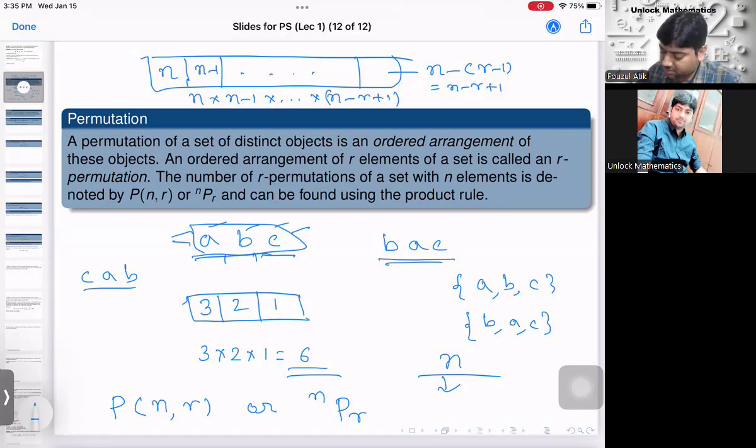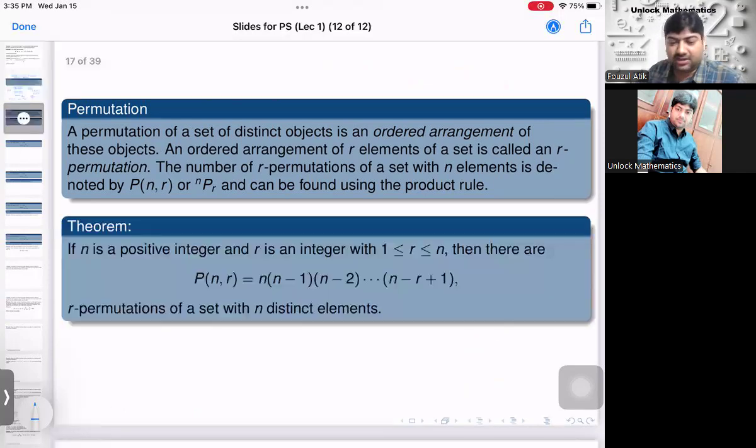Correct? So if n is a positive integer and r is an integer with 1 less than or equal to r less than or equal to n, then there are P(n, r) equal to n into n minus 1 into n minus 2 up to n minus r plus 1 r-permutations of a set with n distinct elements.